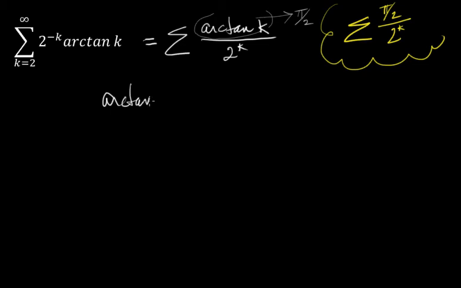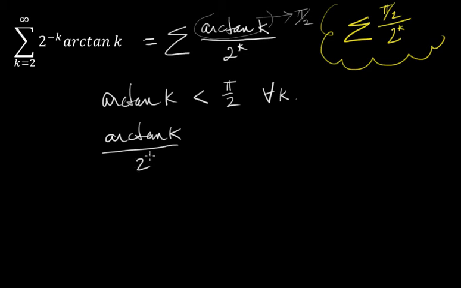Arctan k is less than pi over 2 for all k, and therefore arctan k divided by 2 to the k, that's a positive number, is less than pi over 2 over 2 to the k.